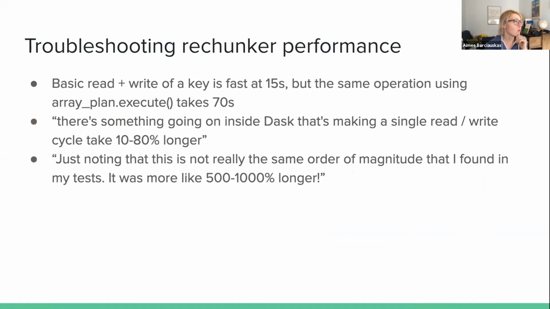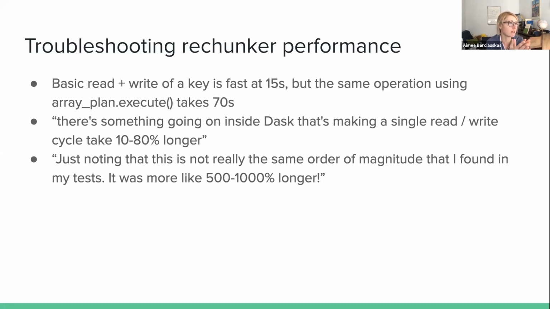One of the things highlighted is that a good way of troubleshooting this type of issue is to see how fast you can read and write a Zarr object, operating directly on it without Dask distributed. A couple of people were able to demonstrate that reading or writing a key was pretty fast, at just 15 seconds if you call it directly.